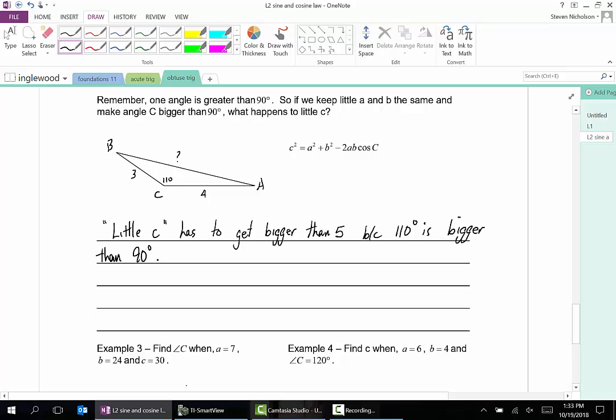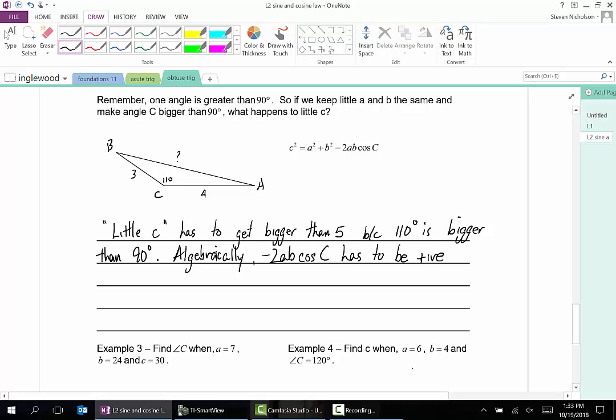Then algebraically, this side will get bigger if negative 2ab cos big C has to be positive.